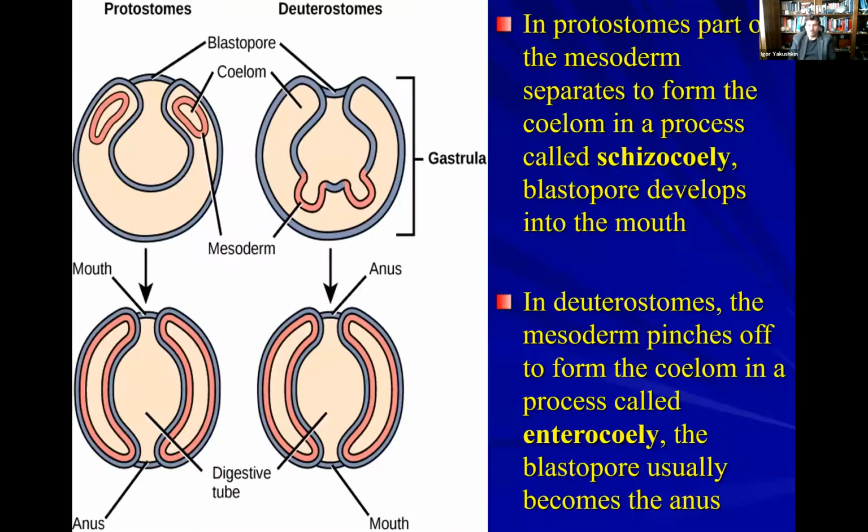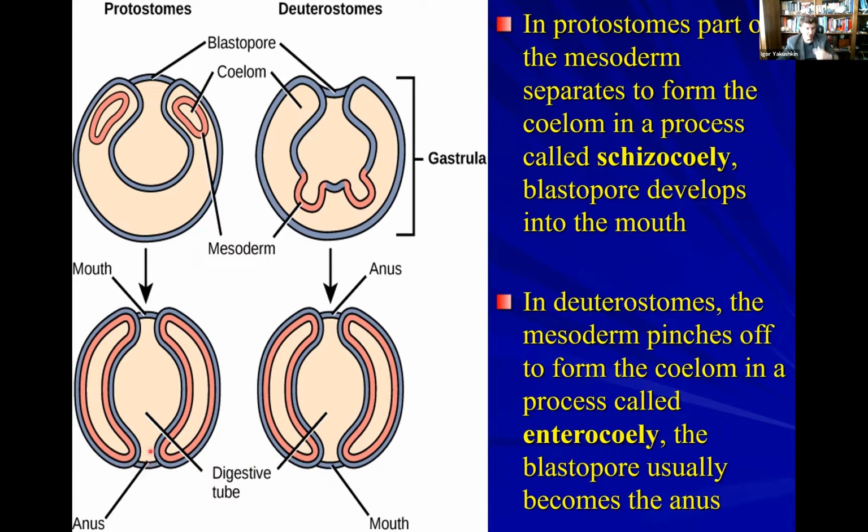So in the protostomes, part of the mesoderm separates. You don't really have to worry about that. It's very theoretical, but very important. Remember when we talked about the initial collapse, that particular opening known as the blastopore. In the protostome, the blastopore will turn into a mouth, continue to develop, and will end up in the anus.